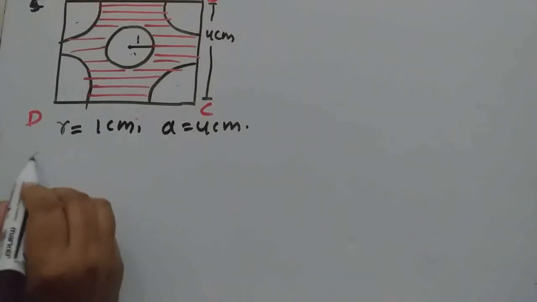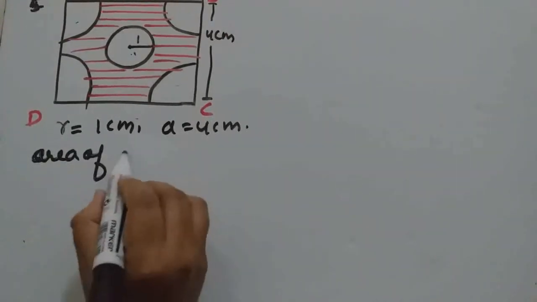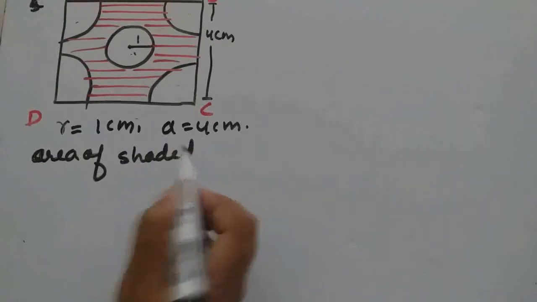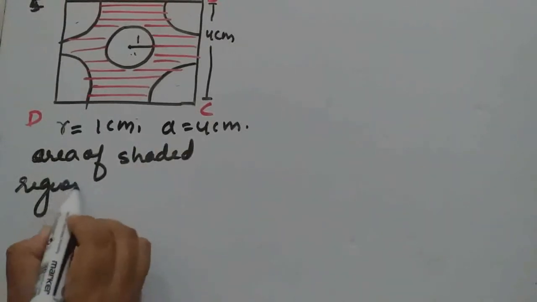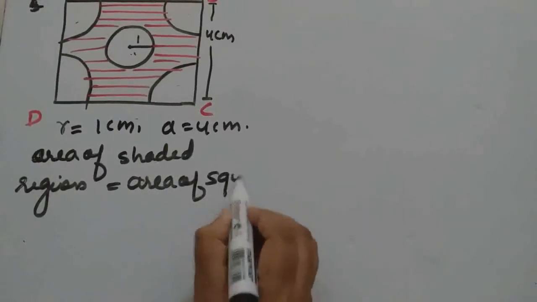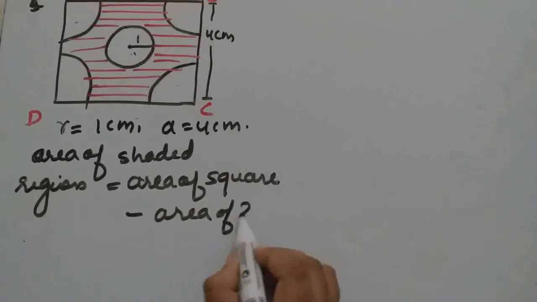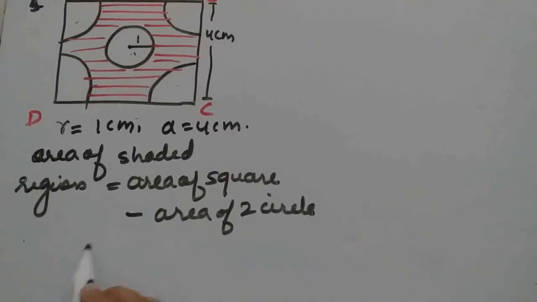So area of shaded region, we can write area of a square minus area of 2 circles. Okay, so area of a square means side into side, side square.